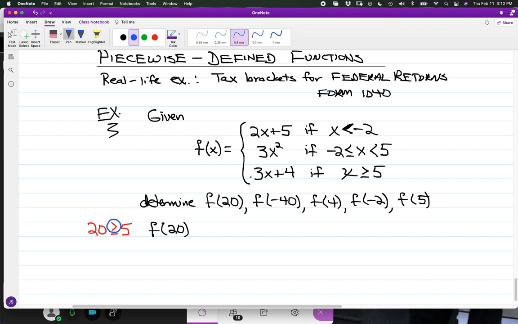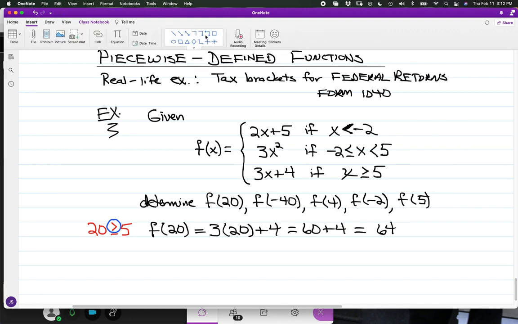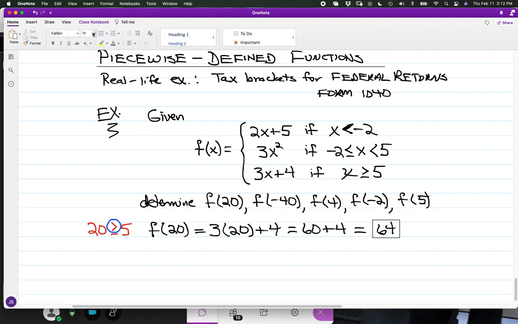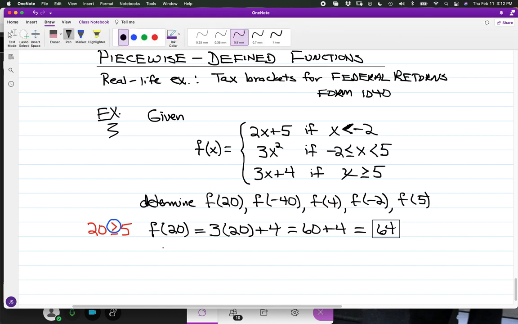And in terms of what to do with 20, we're going to take 3 times that and follow through with the addition of 4. So 3 times 20 is 60, and 60 plus 4 is equal to 64. And in the case of f of negative 40, well, negative 40 is already going to be less than negative 2.